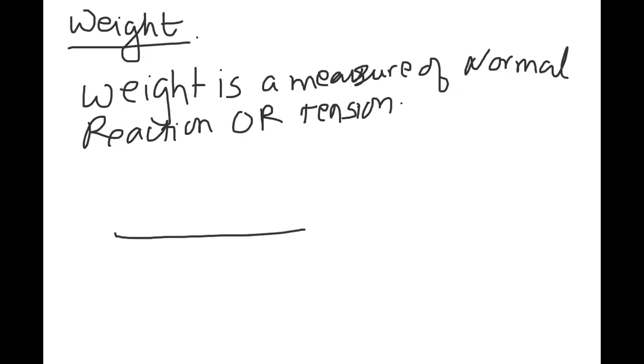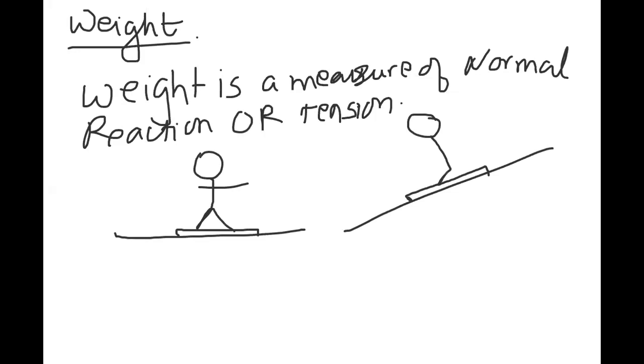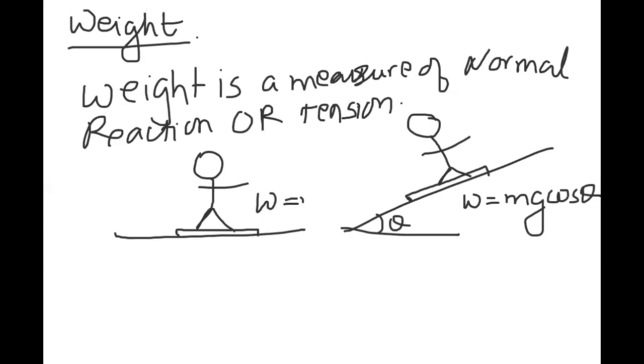Right. So if I keep a weighing machine on a horizontal flat surface, which is what happens, you will get the weight as mg. But if you were to keep the weighing machine on an inclined plane of angle theta, in that case the weight would come out to be mg cosine theta, since normal reaction is equal to mg cosine theta.